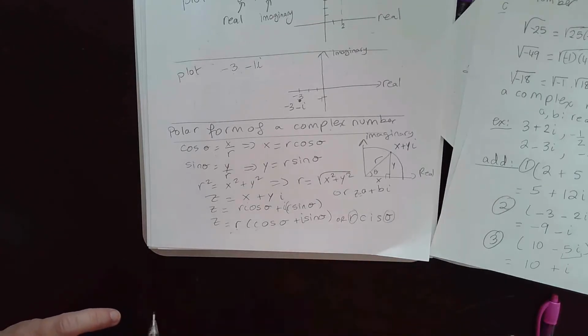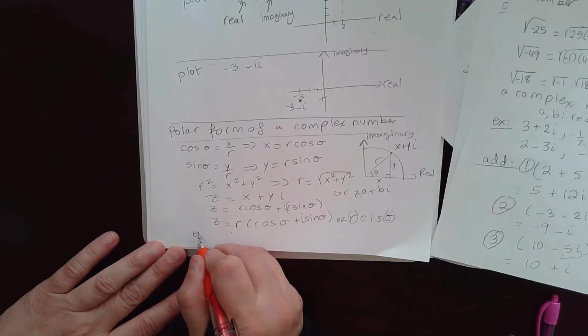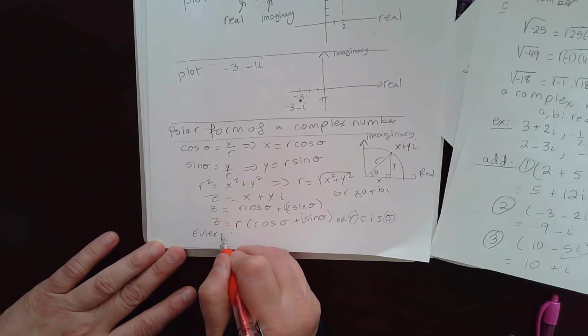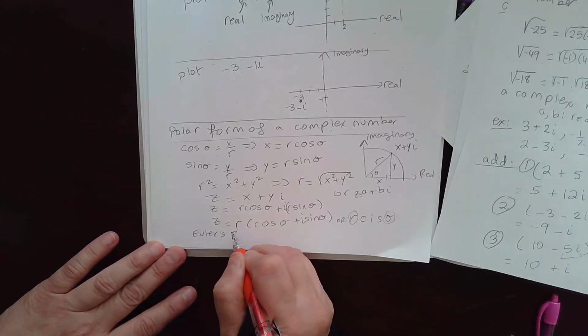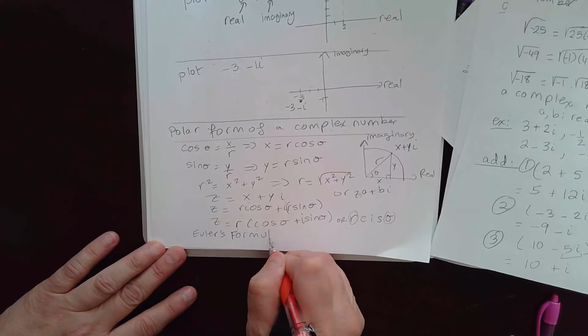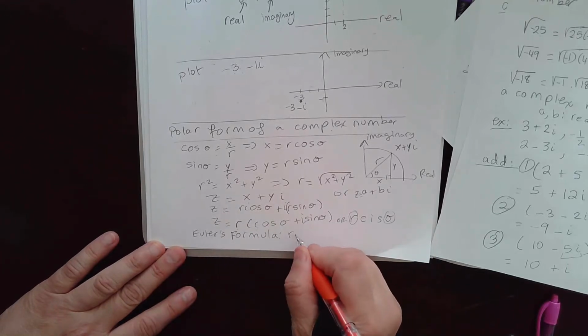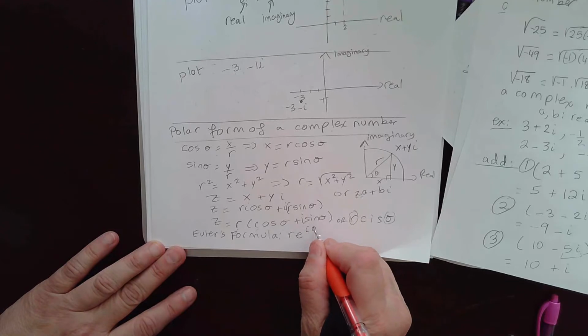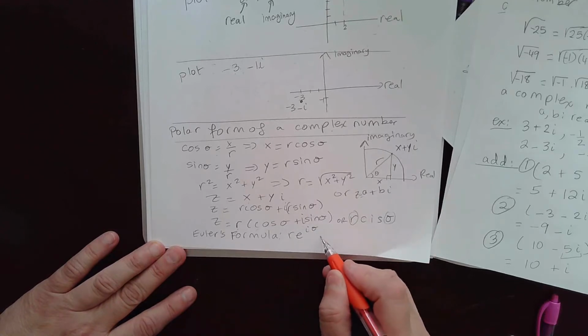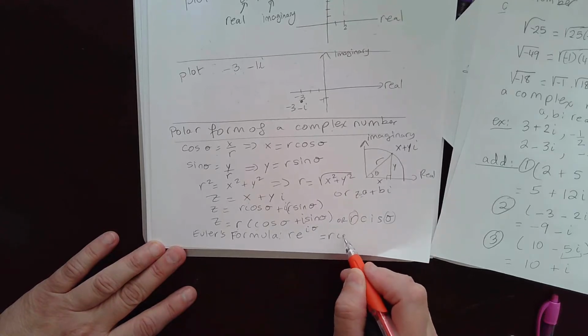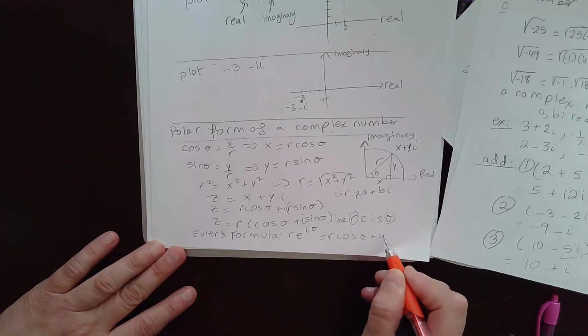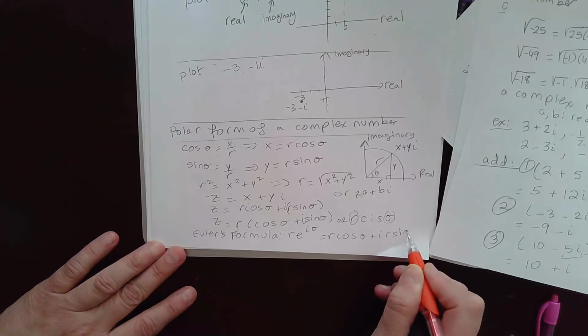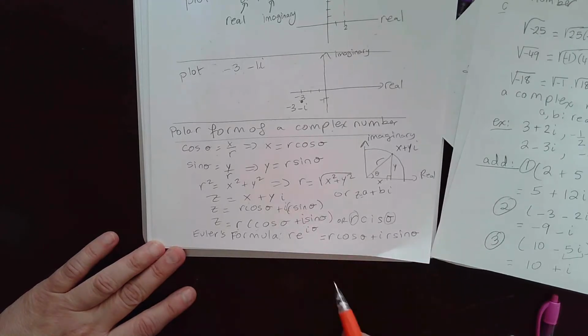These two are equivalent. The book mentions something in Euler's formula: r e to the i theta. That's the same as r cosine theta plus i r sine theta. So this is the same as this, but this is in Euler's formula.